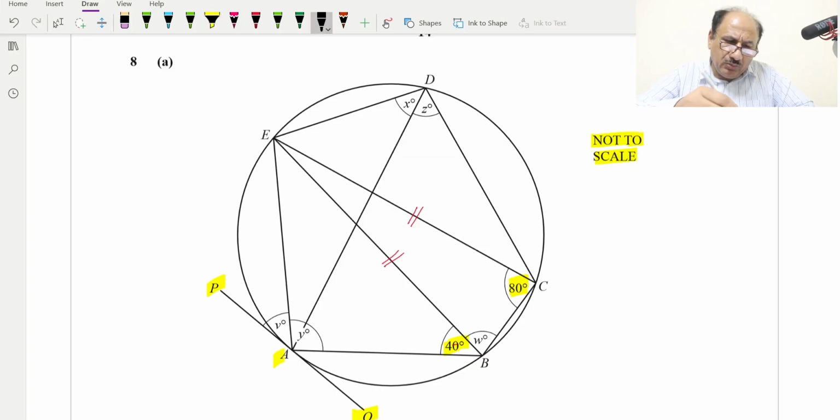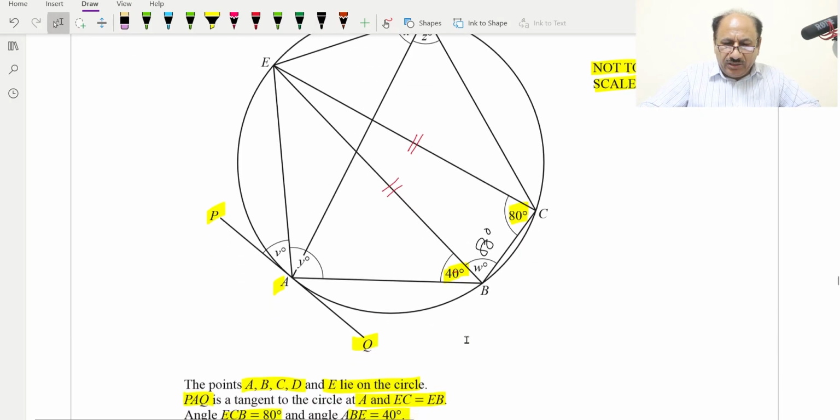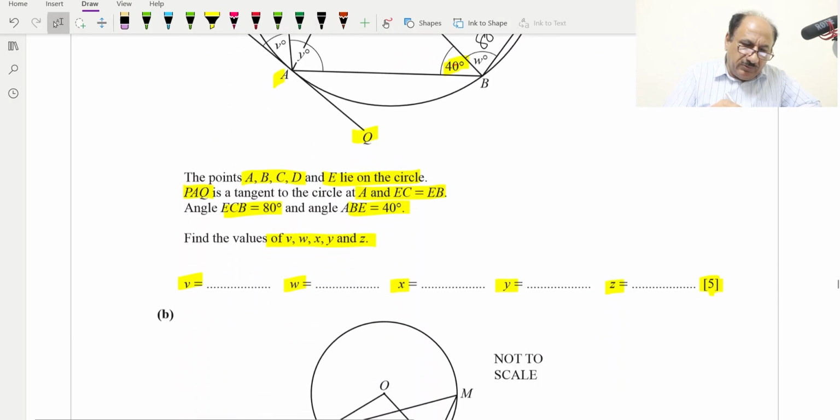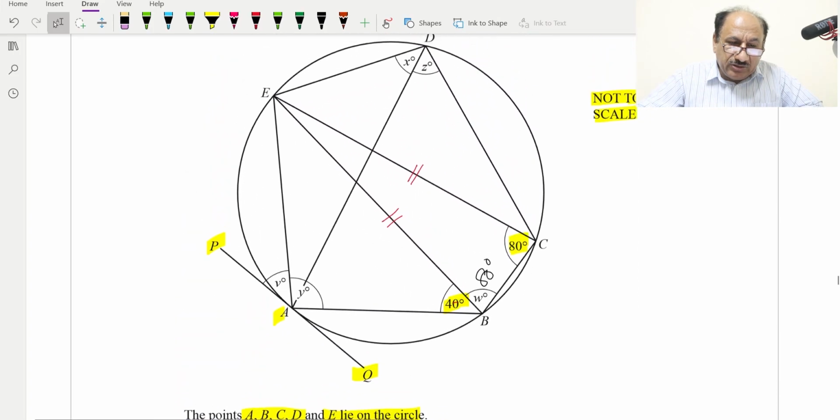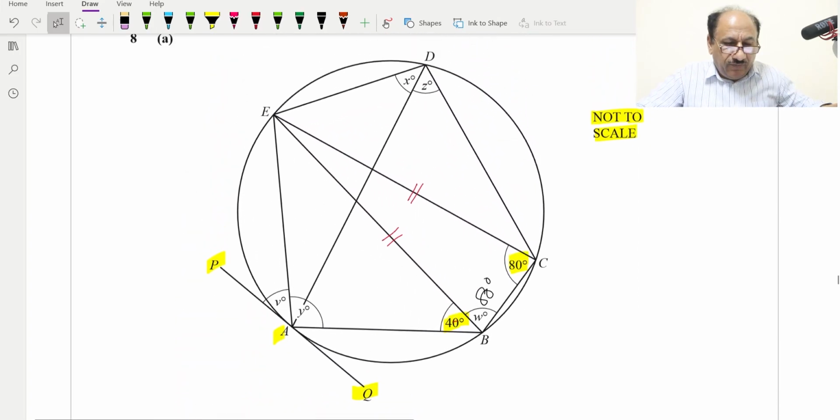Now, as we know that these two sides are equal, it means their opposite angles will also be equal. So if this side is 80, W will also be 80 degrees. So first of all, we got the W value, so we'll write here 80 degrees. Then what else can we figure out? We can figure out other angles also.